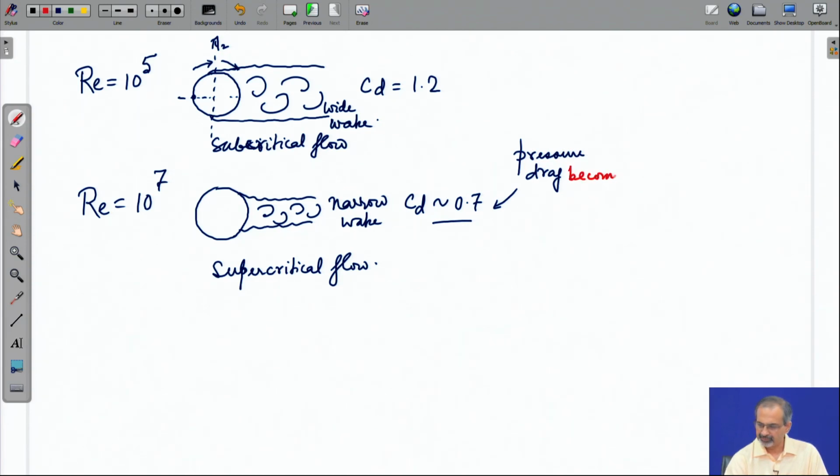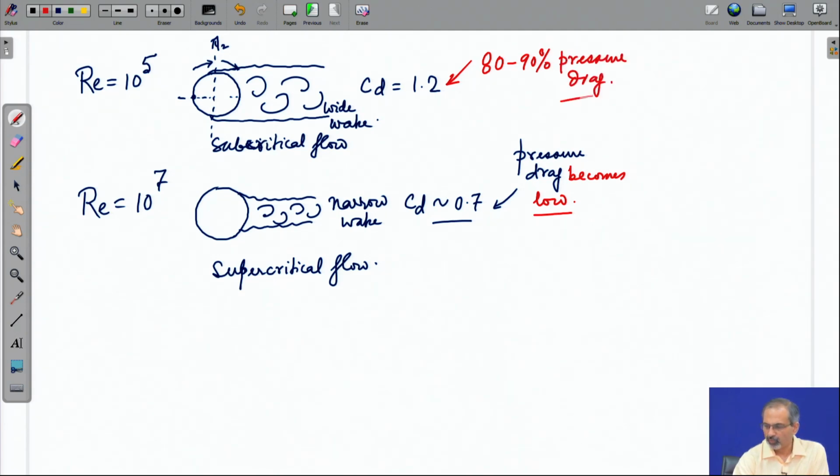It becomes low in the case of a narrow wake, and for bluff bodies, most of the drag contribution comes from the pressure drag. So, in this drag figure of 1.2, you can imagine that about 80 to 90% of it is pressure drag, and the rest is skin friction.